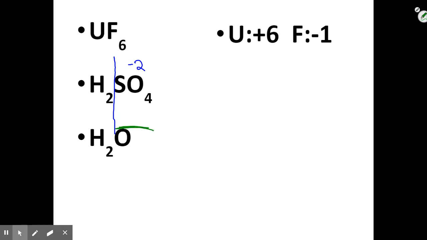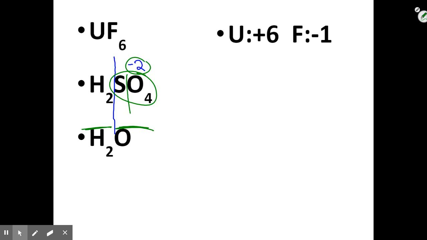At this point, I need this side and this side to add up to 0 because the whole compound does not have a charge. However, SO4 has a charge of -2. So when I split SO4, and I'm not going to work with the hydrogen yet, into 2 sides, they're going to total the -2.